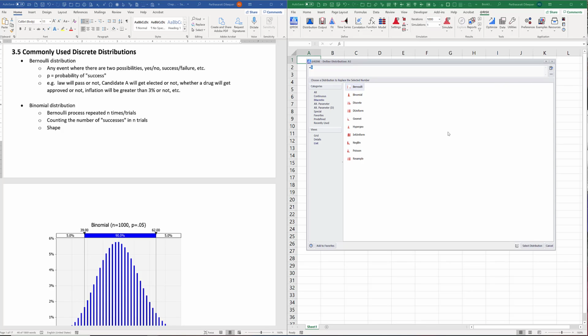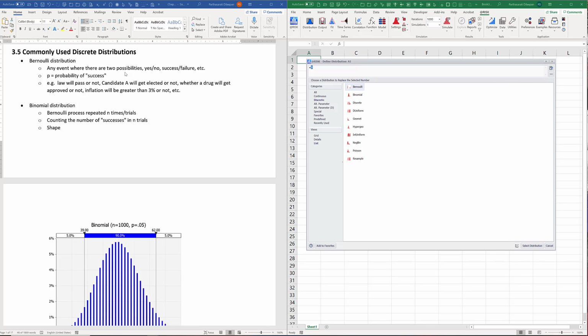Bernoulli distribution or Bernoulli process is the most basic one. A Bernoulli process is any event where there are two possible outcomes, yes or no, or success or failure.